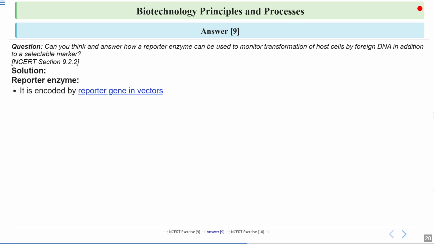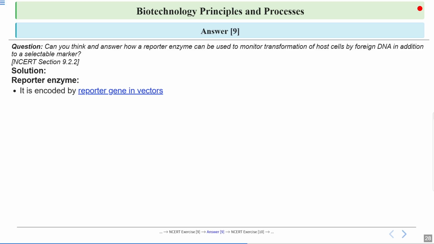So, reporter enzyme is encoded by the reporter gene in the vector. Now, you must know what the reporter gene is. A reporter gene in a vector is a tool used in molecular biology to study gene expression and regulation, whether the gene is expressed or not.